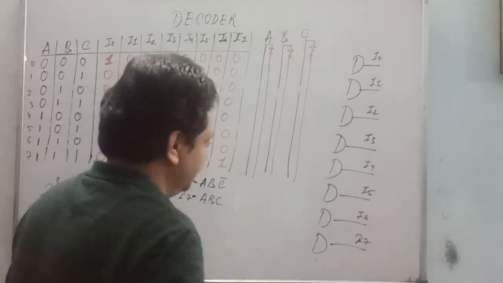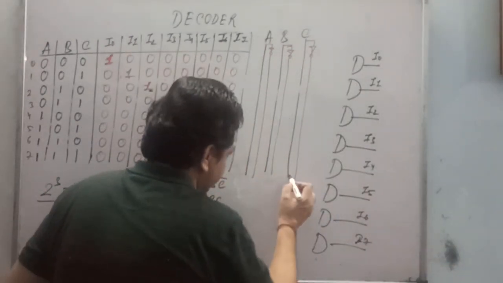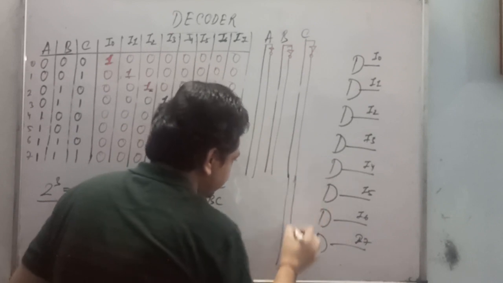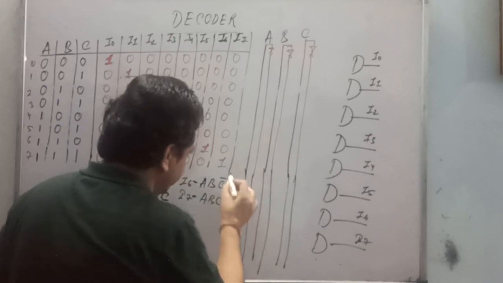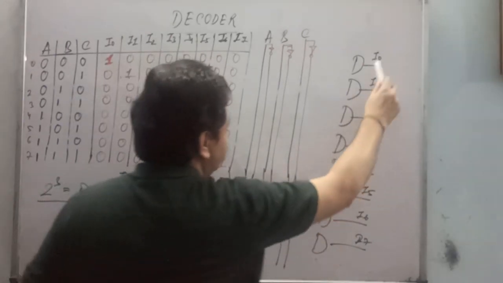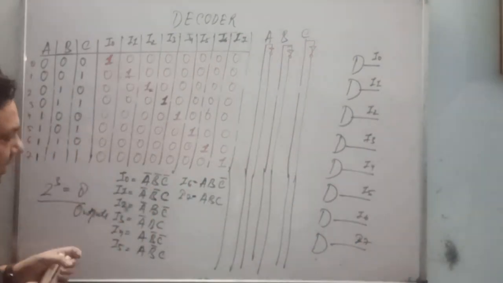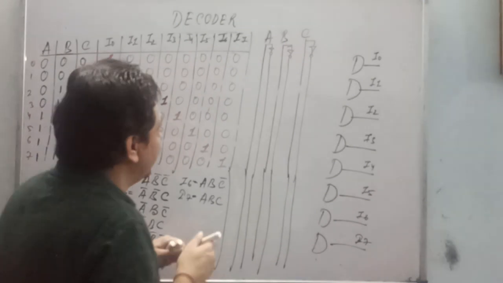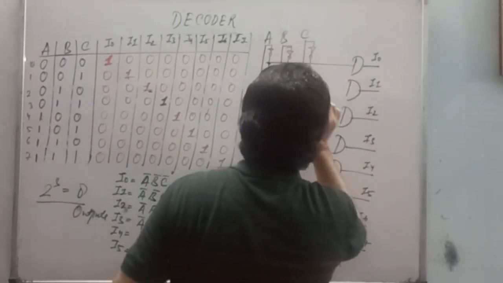These are the outputs. Only we need to connect. I am just extending these lines. Okay, fine. So for I0, A complement, B complement, C complement. All these three are complement, so we have to connect simply by NOT line because the NOT is providing the complements.